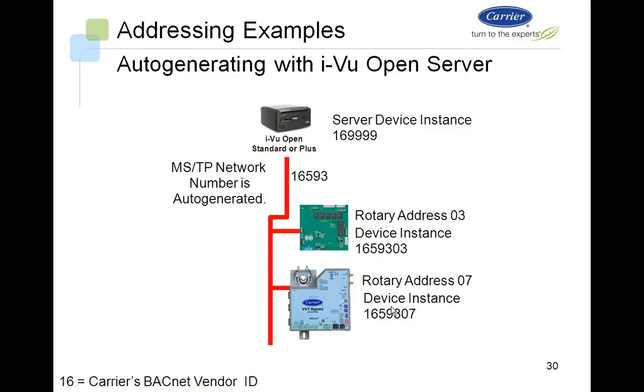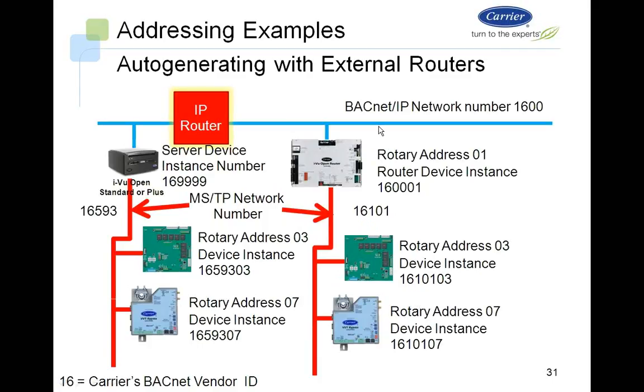If we look at a larger network now with 2 or more routers, we can see that as a result of this addressing scheme, the controllers that reside underneath the server, which has the MSTP network number 16593, now have device instances of 1659303 and 1659307, whereas the controllers that reside underneath the router that has the rotary switches set to 01 have device instances of 1610103 and 1610107 respectively, which means that they are unique, and it is imperative on BACnet networks that the device instances of all controllers on the BACnet system are unique.